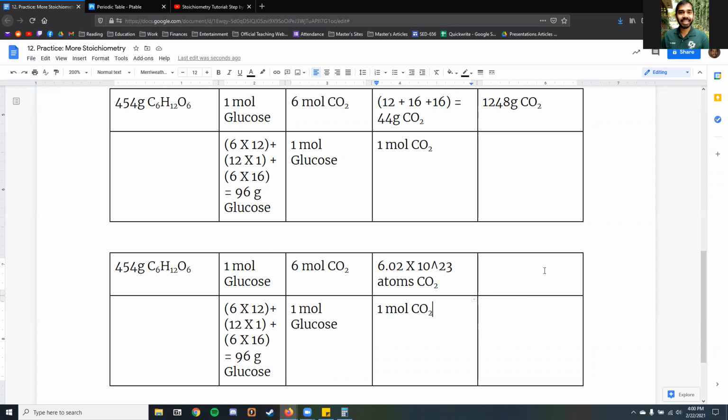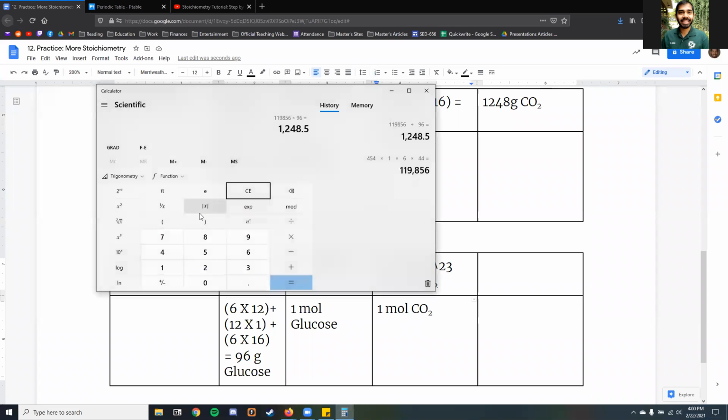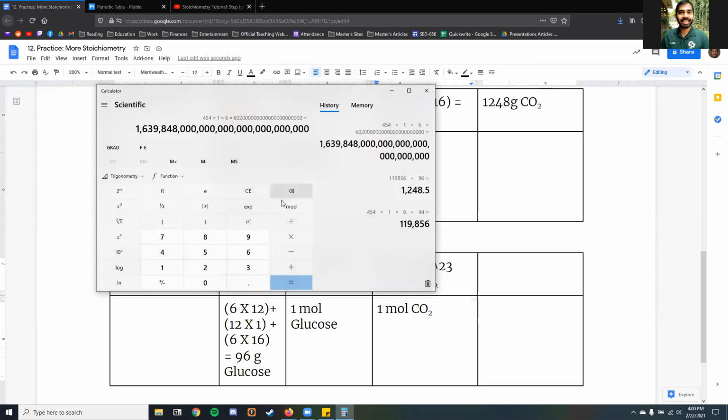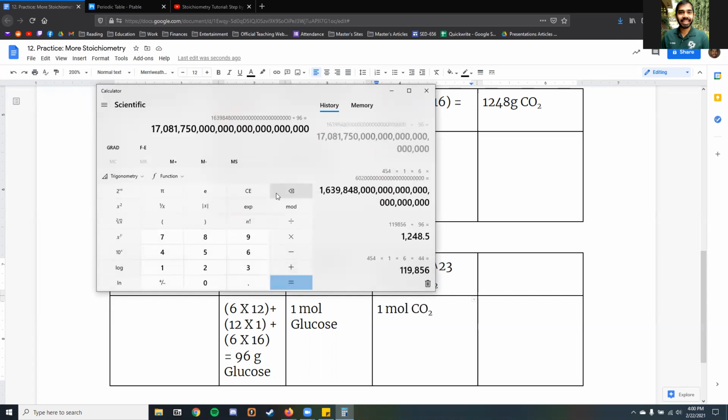And now we just multiply everything on the top together and then divide it again by 96. So clear everything. 454 times 1 times 6 times 6.02 to the 23rd. It's a pretty large number. We go ahead and divide it by 96. And we've got our final answer.